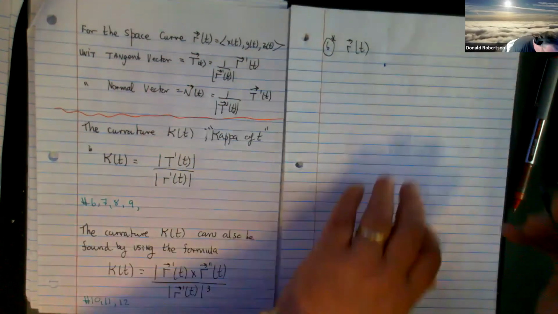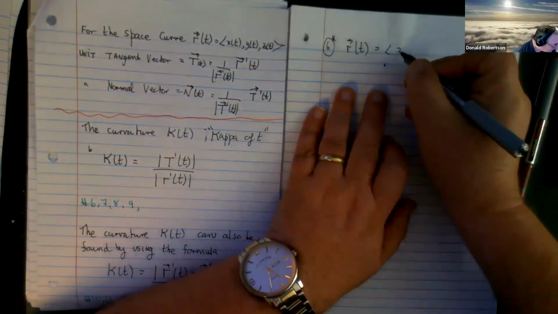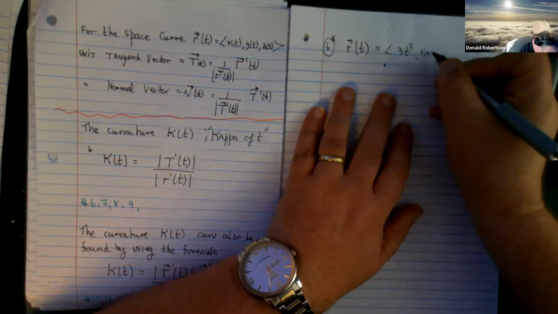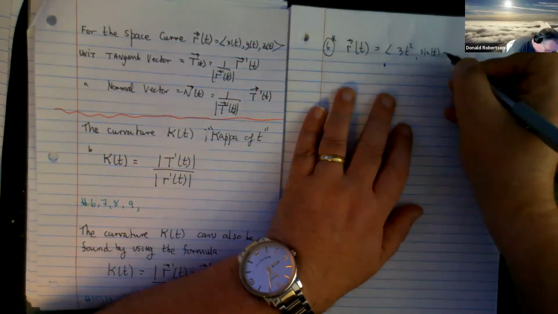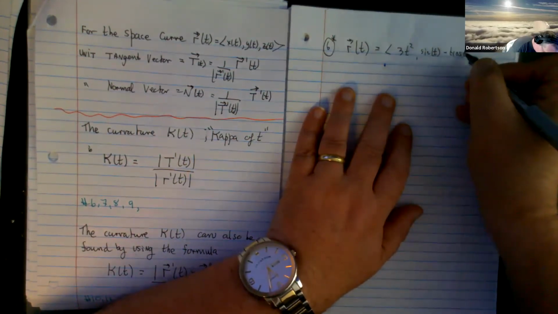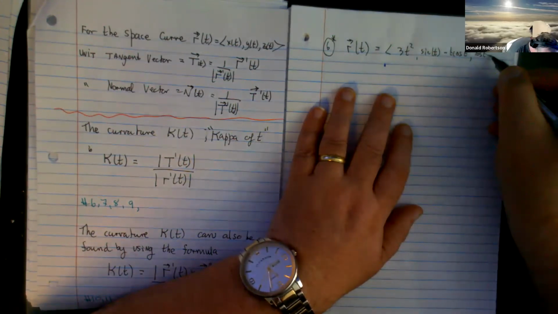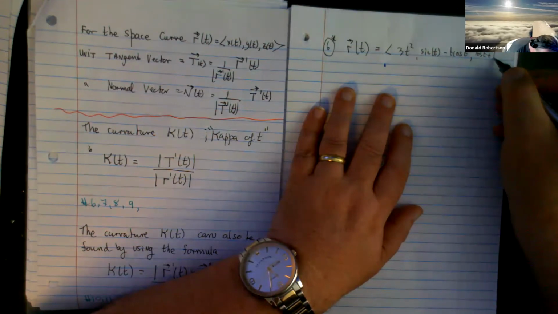Here is my space curve: 3t squared, sine t minus t cosine t, and cosine t plus t sine t.